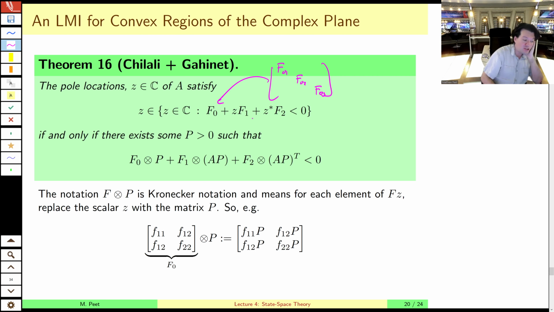Of course, an LMI constraint has to be convex. Unlike the Gutmann condition.